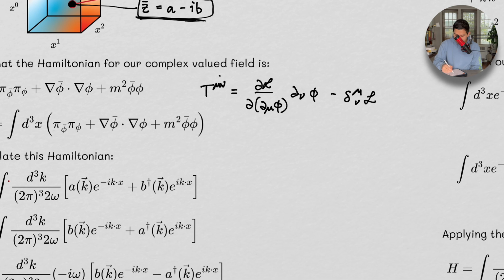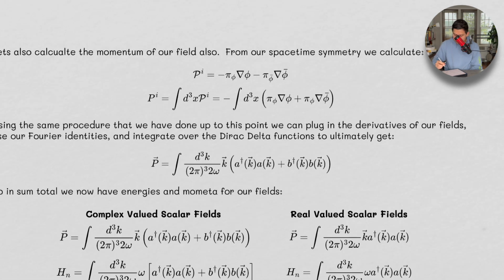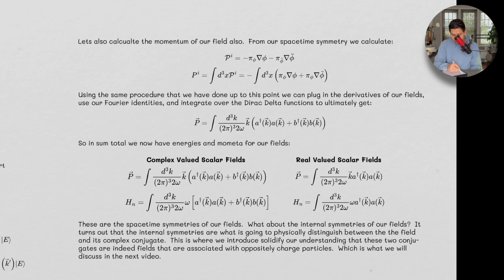When we do this, we get our Hamiltonian, and when we do this, we get our momentum. So we just change these indices, and when we do that for our momentum, we get this thing.